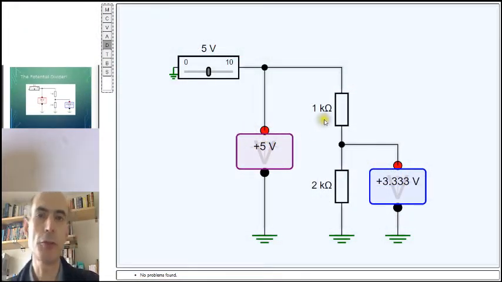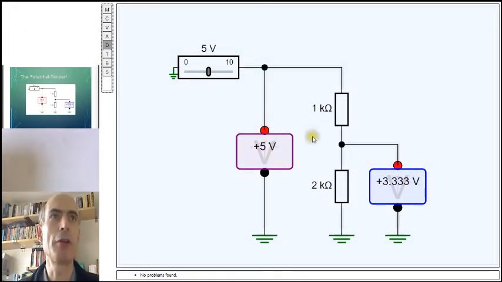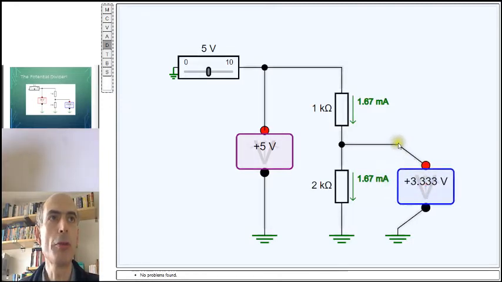Here, I've built up the circuit in the simulator, and we can see that there's going to be a current flowing down through these resistors. Using the control-click trick, I can print up what these currents are, 1.67 milliamps in this case.